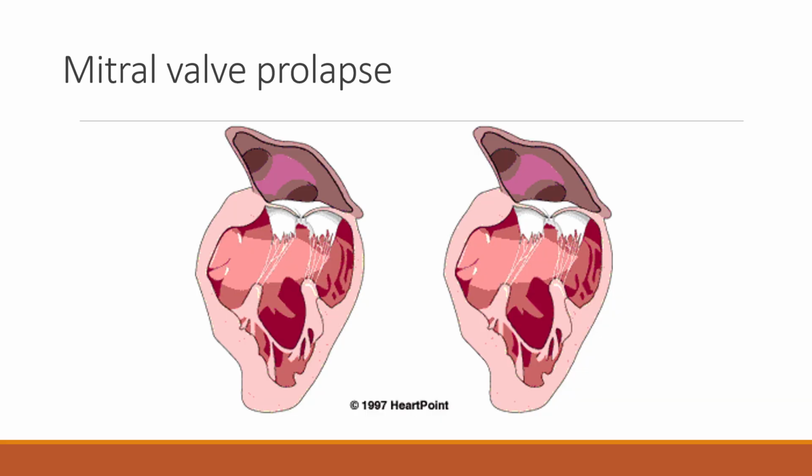Now, if you have this hump but the leaflets are still touching, you will have the syndrome of mitral valve prolapse with a systolic click, but no regurgitation. However, if this prolapse is more severe, then you're going to have mitral regurgitation.